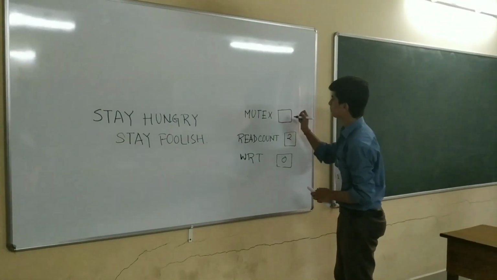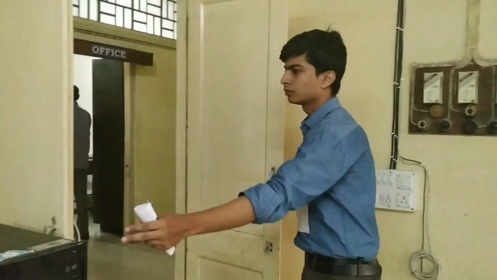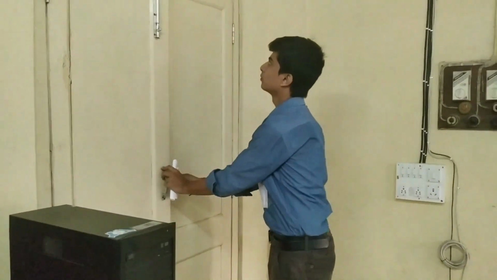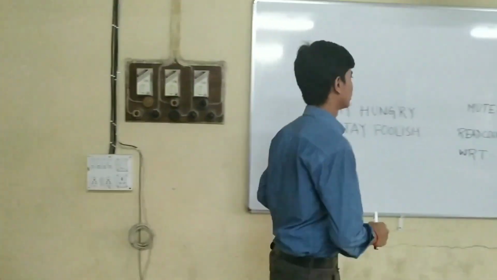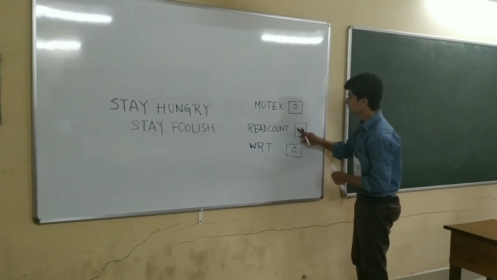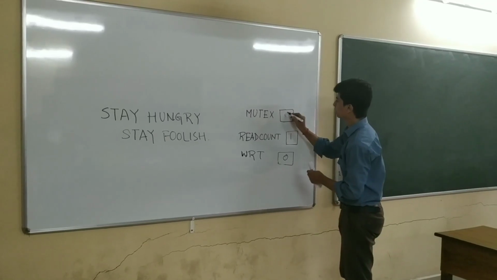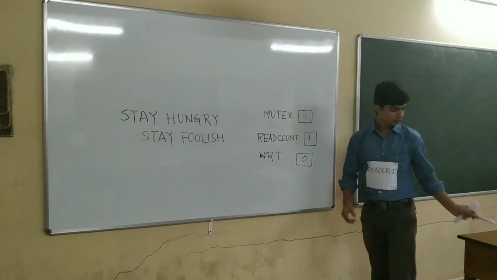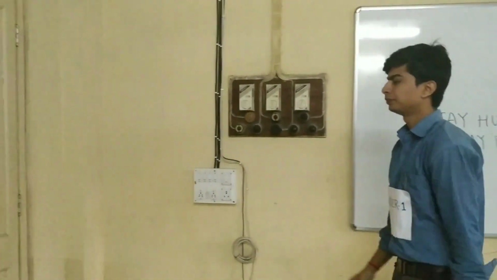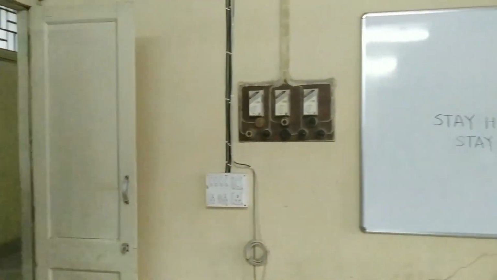Now reader 1 comes and changes the mutex. Decrements the read count. Then he changes the mutex, and leaves.